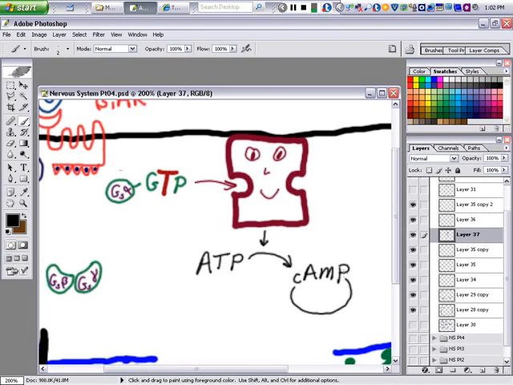So once G stimulatory with the GTP binds to this next protein, this protein is going to convert ATP into cyclic AMP. When we come back next time, we're going to find out what is the name of that protein.